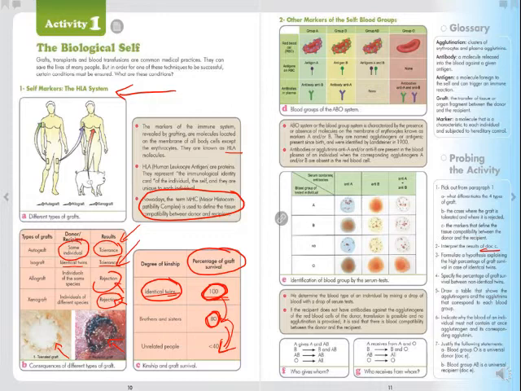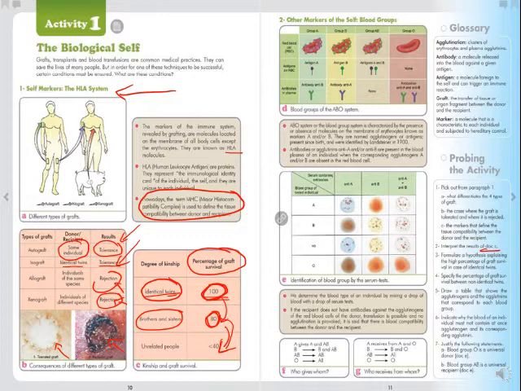Part 4, specify the percentage of graft survival between non-identical twins. Non-identical means that they are brothers and sisters, so the percentage is 80 because they come from 2 fertilized eggs.